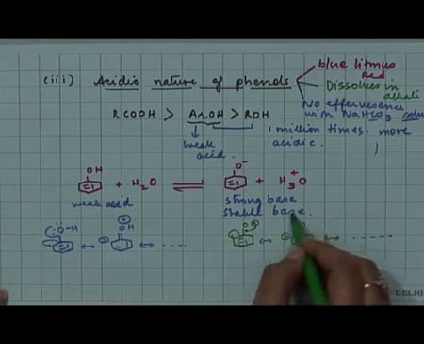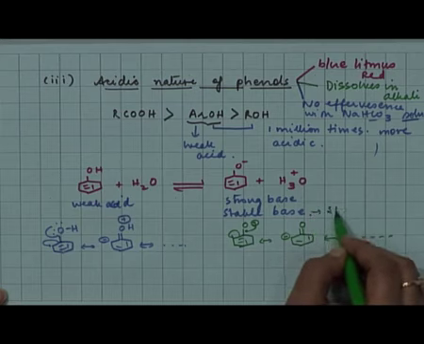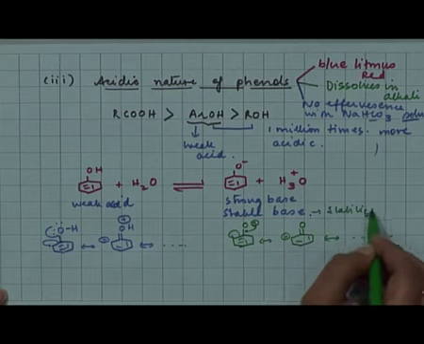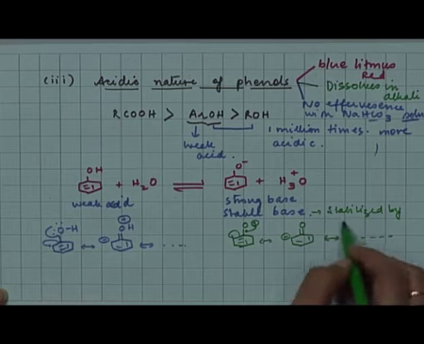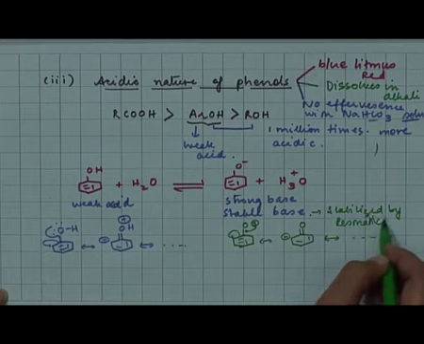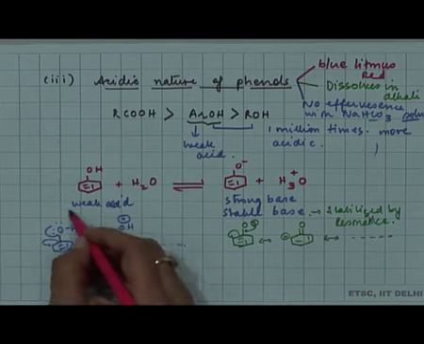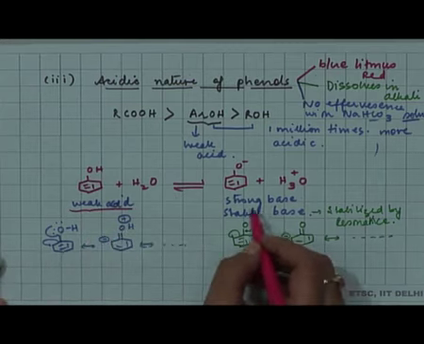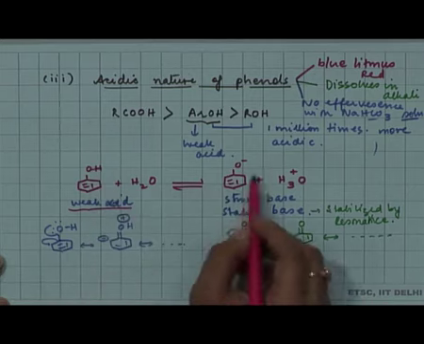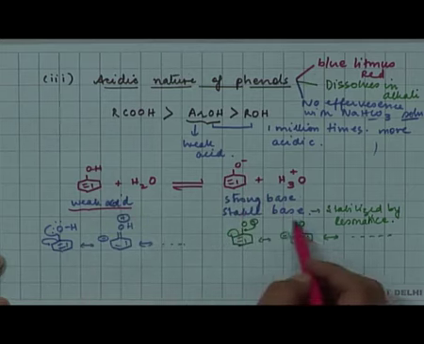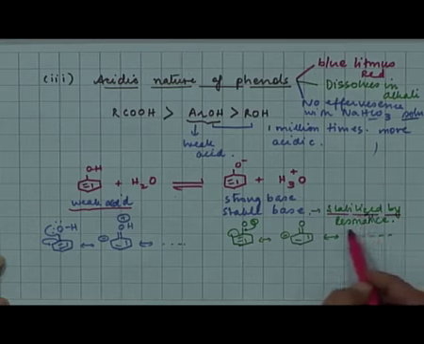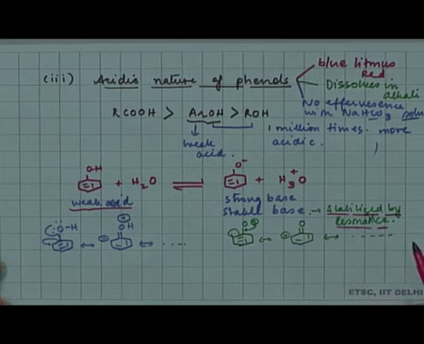It is stabilized by all these resonating structures, and that is why it has the ability to lose the proton, because the corresponding phenoxide anion which is produced is resonance stabilized.